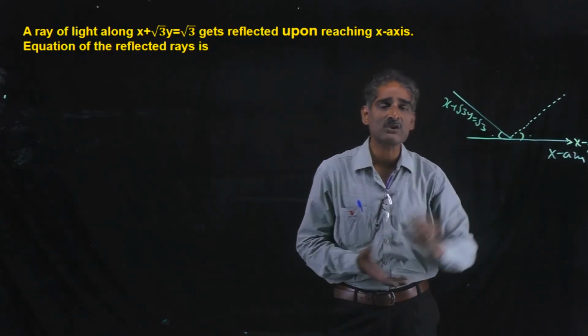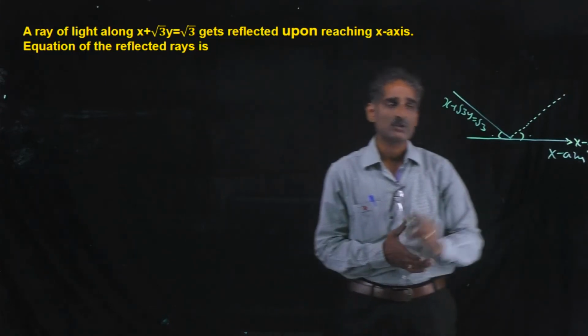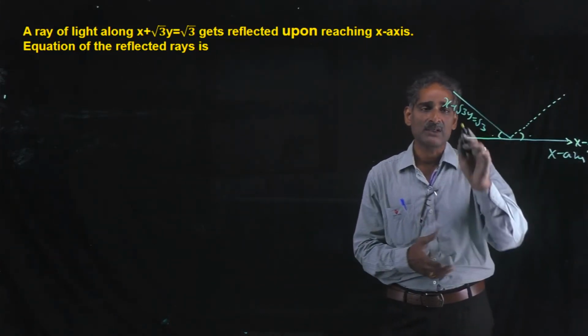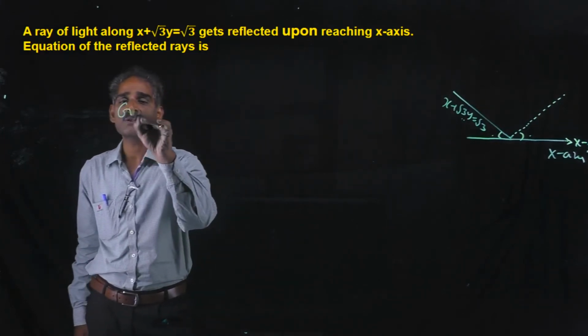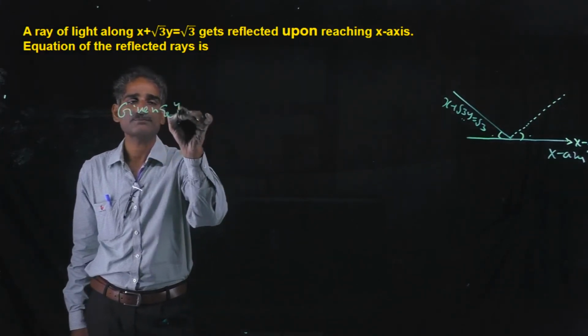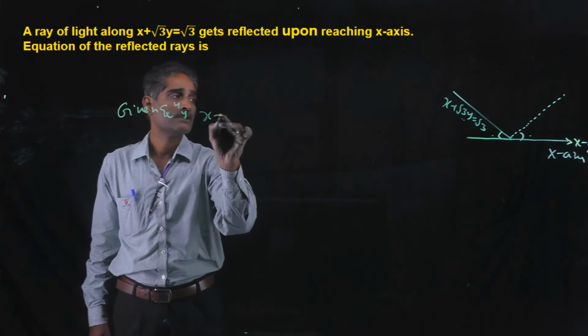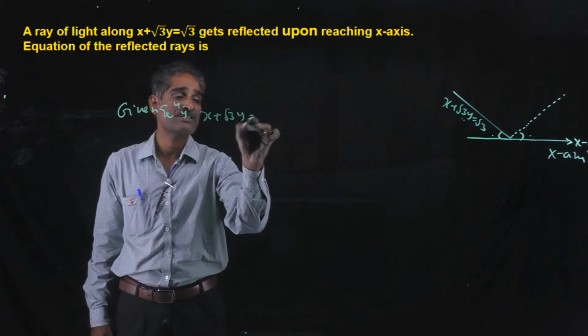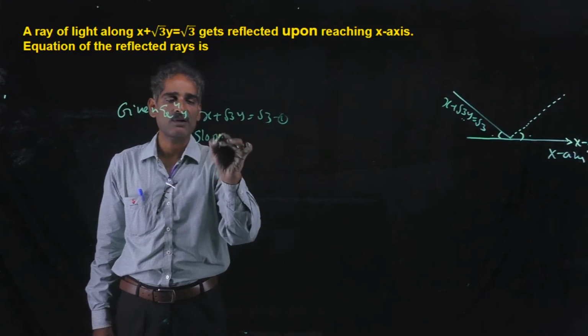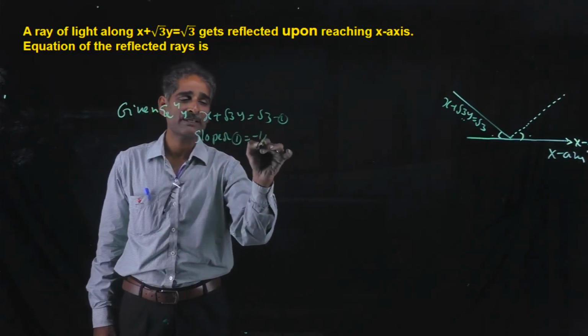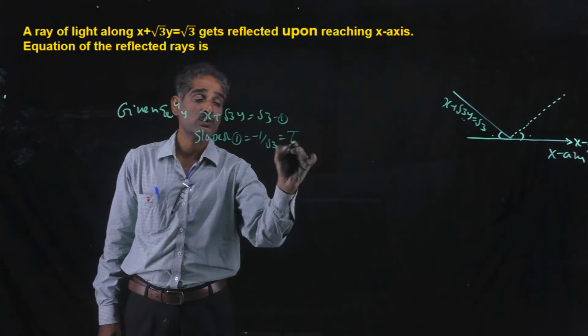So now what is the slope of this line? What is the inclination of this line? See here, from the slope of equation 1, the given equation, this is the equation of the incident ray. Slope of 1 is equal to minus 1 by root 3, that is equal to tan theta.